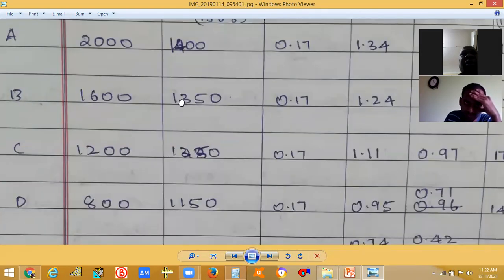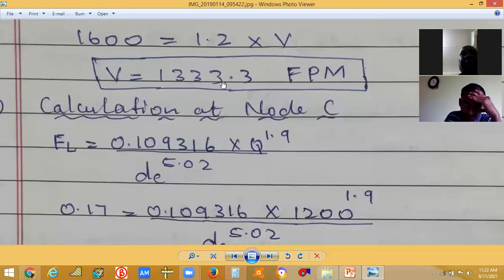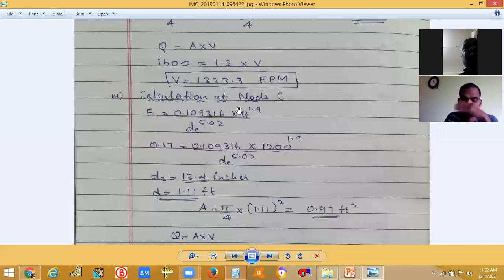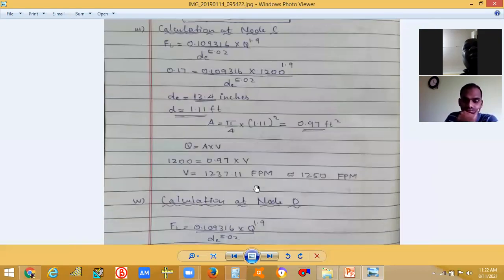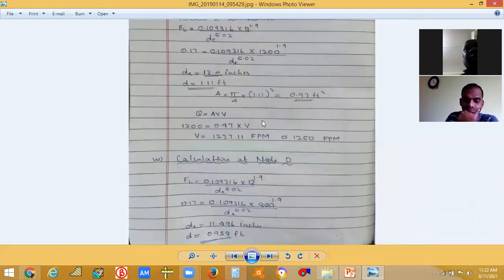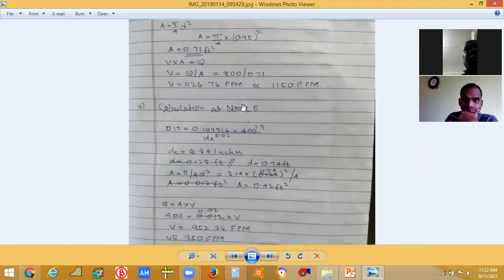If you get 1333, you just round it and write 1350 FPM. The same way you find it for calculation at node C, node D, and node E.